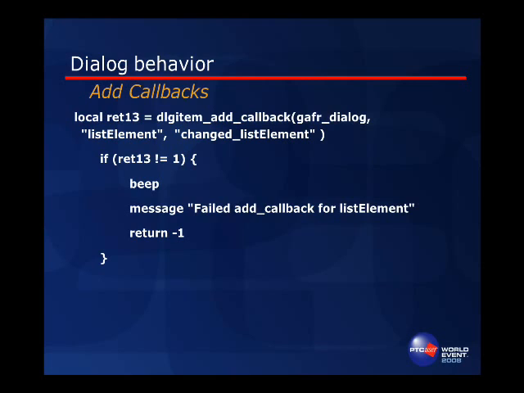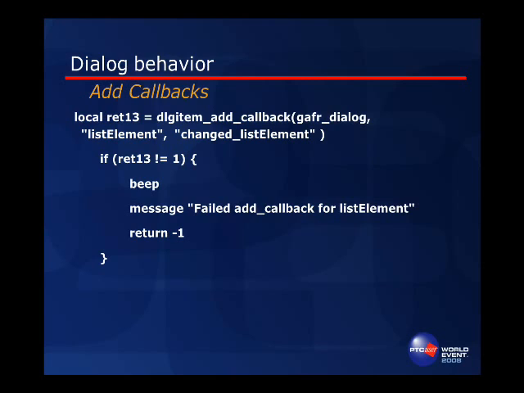And this is part of my add dialog callbacks function that adds callbacks to all of the elements, all of the controls. They each get a function in this package that handles anything that happens with it, any event.